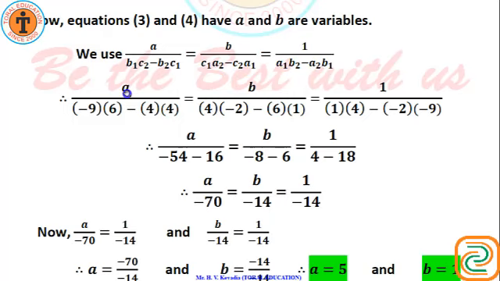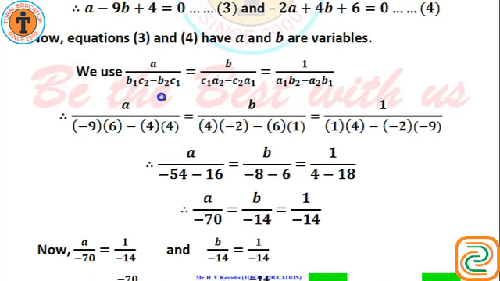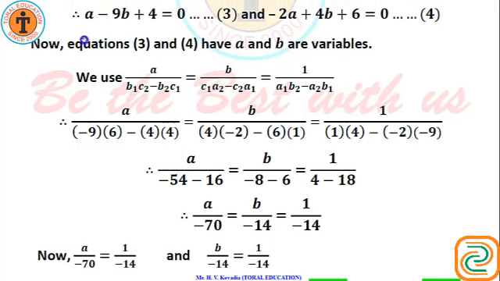Okay, so here we have to see the equations. In this equation, coefficient of a is a1, this is b1, this is c1, this is a2, this is b2, this is c2. Remember.